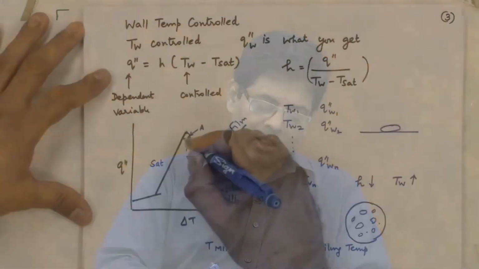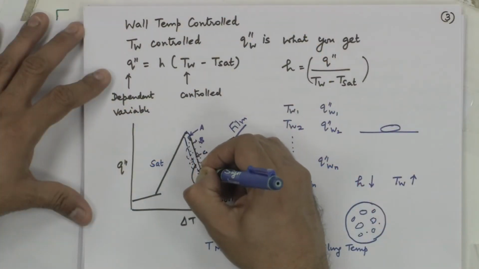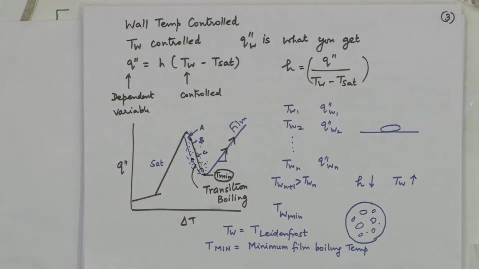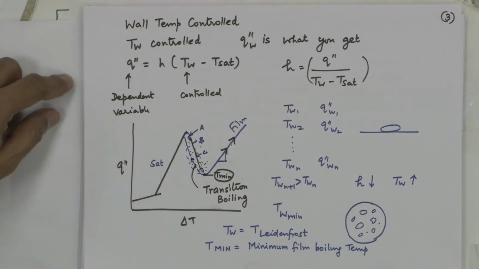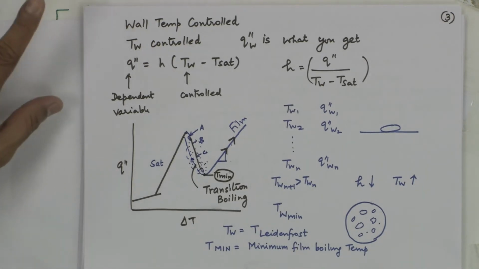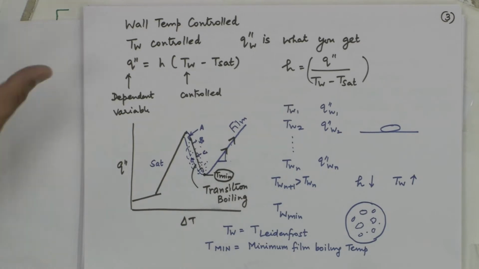There is so much randomness there. So, the entire data is very scattered and you do not get a lot of data points. So, you would see this hysteresis in the boiling curve, in the transition boiling. Apart from that, the nature of the boiling curve is exactly the same.